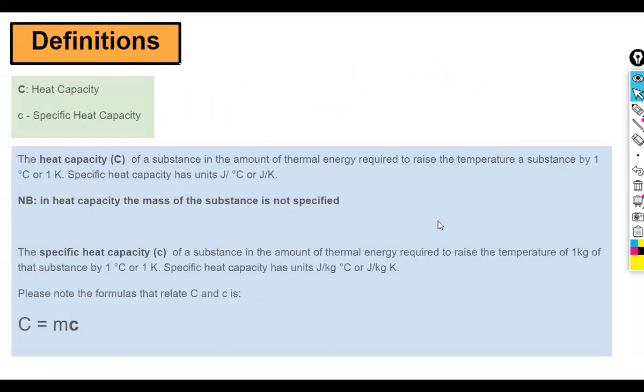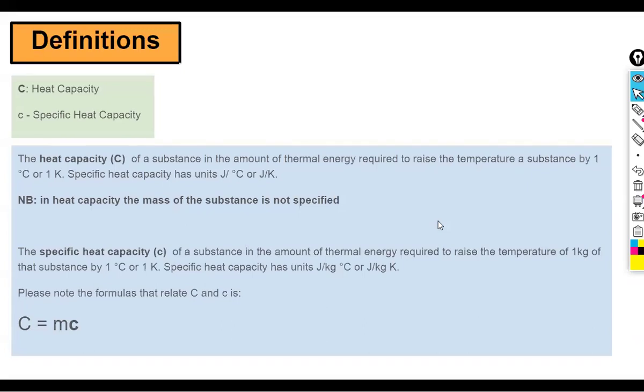All right, so for the rest of class, you have no more calculations. It's just definitions now. Right, let me explain something. There's a difference between heat capacity and specific heat capacity. Specific heat capacity, we usually write SHC.